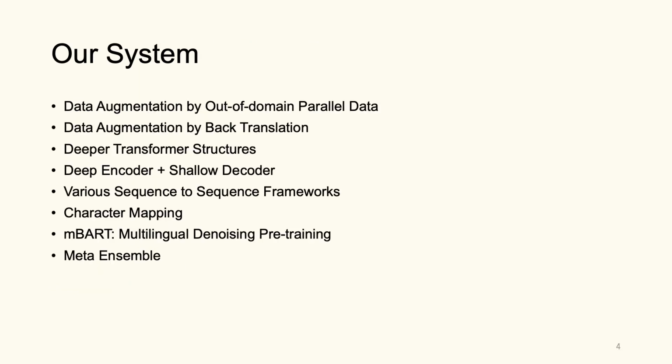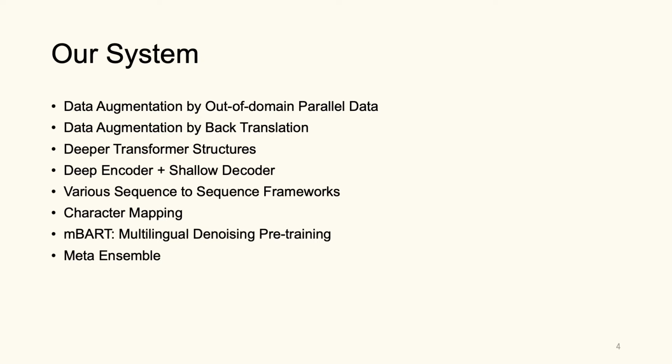And here are our systems. We revisit data augmentation by using out-of-domain parallel data and back translation. And we also try deeper transformer structures, deeper encoder plus shallow decoder framework, and also various sequence-to-sequence frameworks.